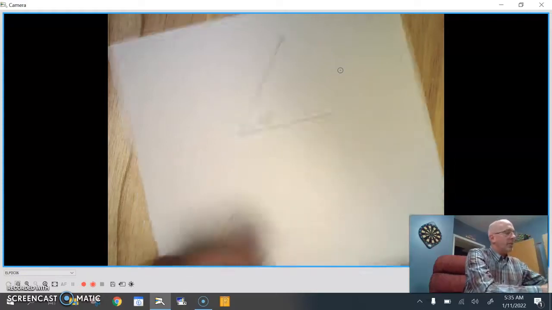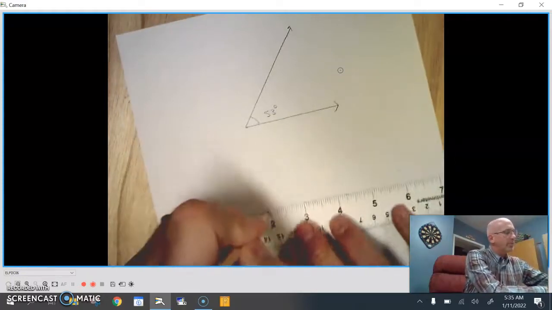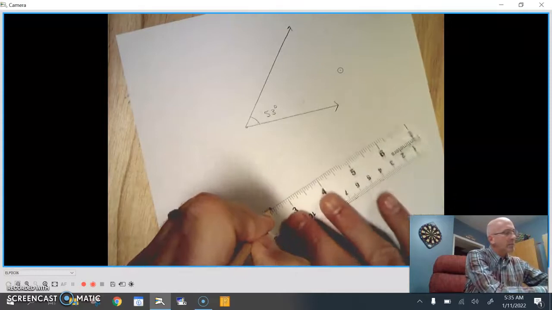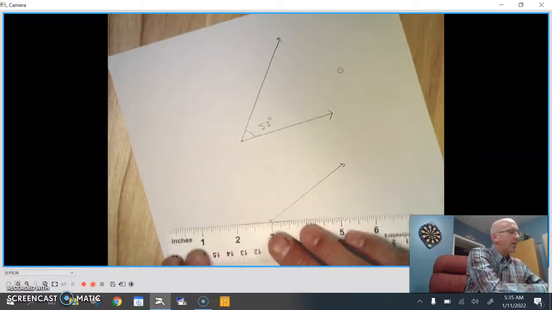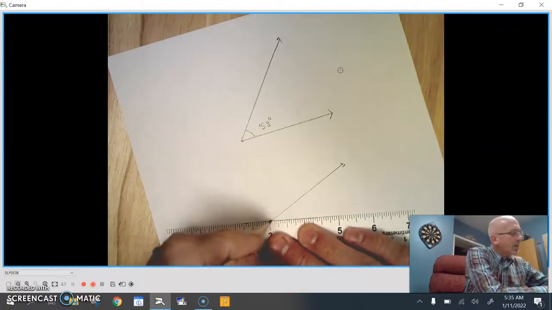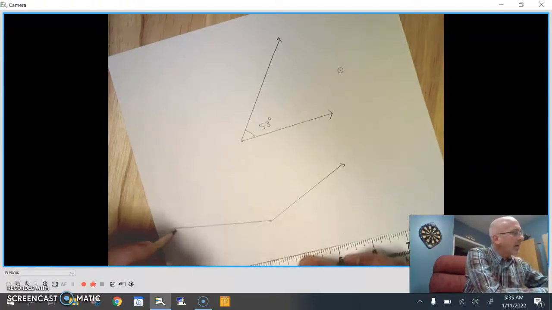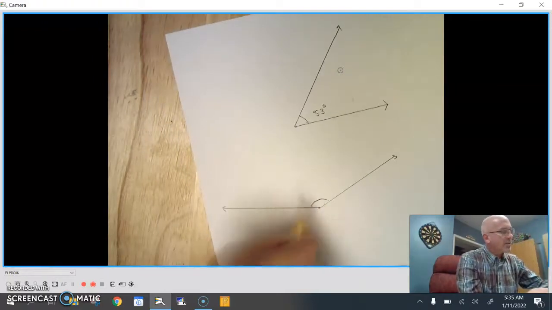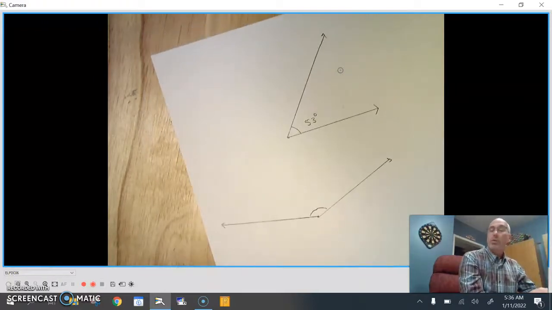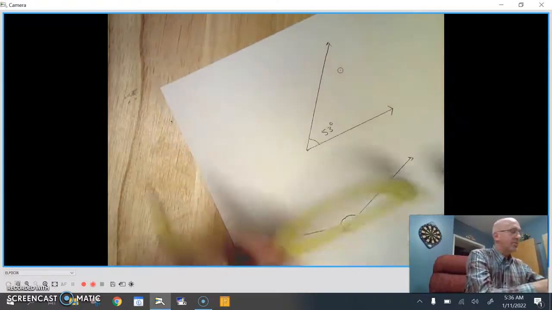Let's draw another one. Then I'm going to draw this one like that. Okay. So we're going to see the measure of this angle. Now this is an obtuse angle, so we know that it's bigger than 90 degrees.